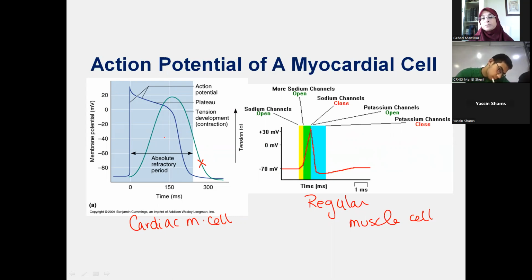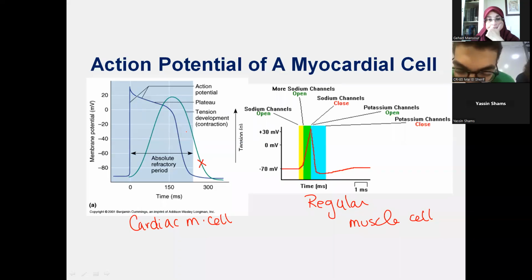What major difference can you at once discover between the action potential representation of the myocardial cell and that of a regular cell? We can see that the cardiac cell, the graph is more curved, which means it's moving smoother than the changes in the regular muscle cell.